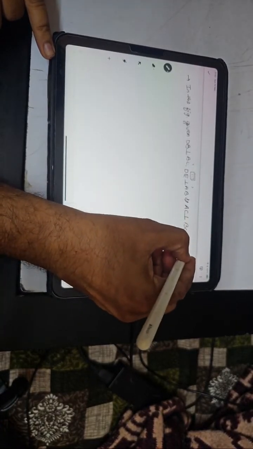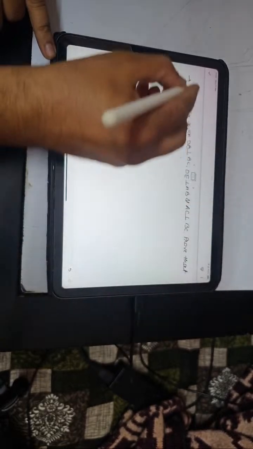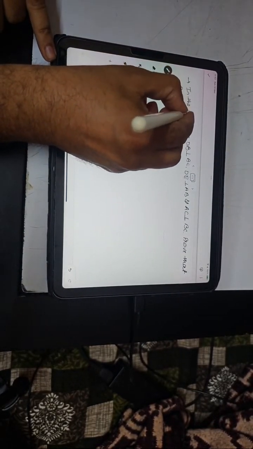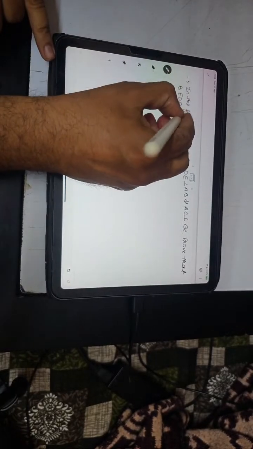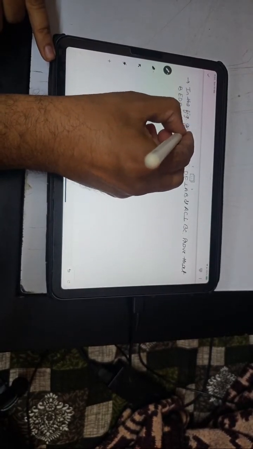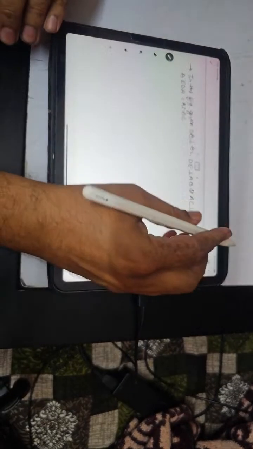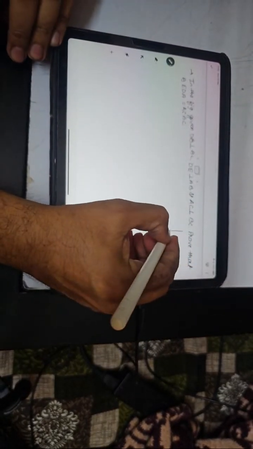Prove that BE/DE equal to AC/BC. See, now here if I draw the diagram, it is something like this.